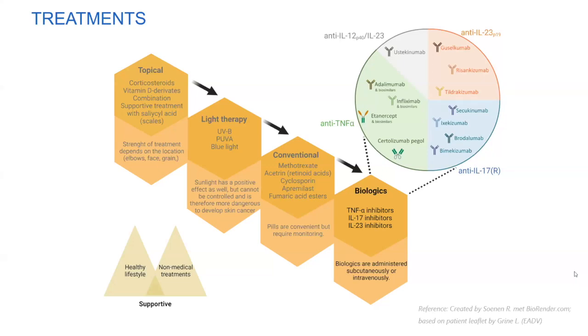Then the next step on the treatment ladder is the conventional, the broad immunosuppressive treatment: methotrexate, cyclosporin, apremilast, and then at last the biologics, which we all like to prescribe, but they are expensive, so it's a difficult balance for some patients. And for some patients, it's difficult to understand why one patient can get a biologic and the other not. And in Belgium, 10% of the patients are indicated for biological treatment.